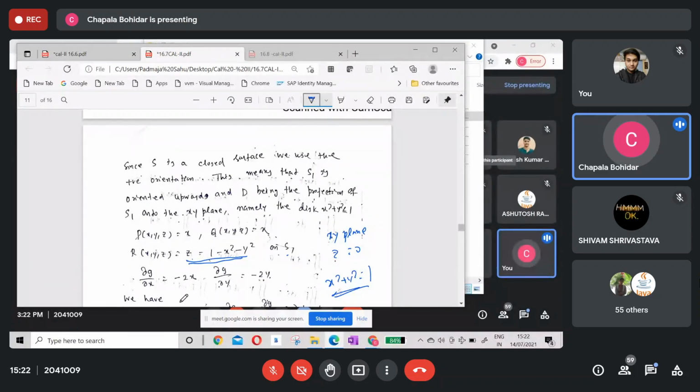Here del g by del x is equal to minus 2x, and del g by del y is minus 2y.